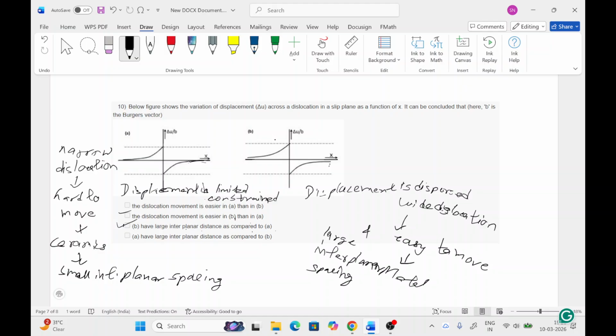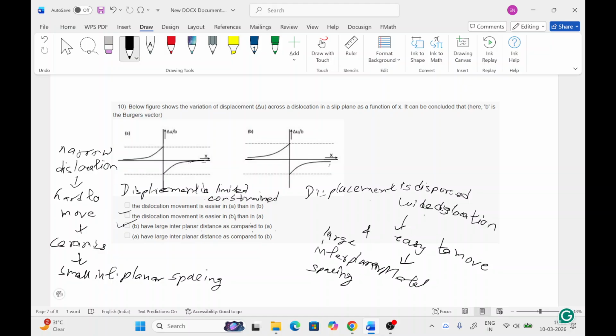But for the B picture, we can see the displacement is continuing as we move away from the dislocation core. So displacement is dispersed. So this dislocation is generally known as the wider dislocation. And for the A picture, the displacement is constant. So it is called the narrow dislocation.